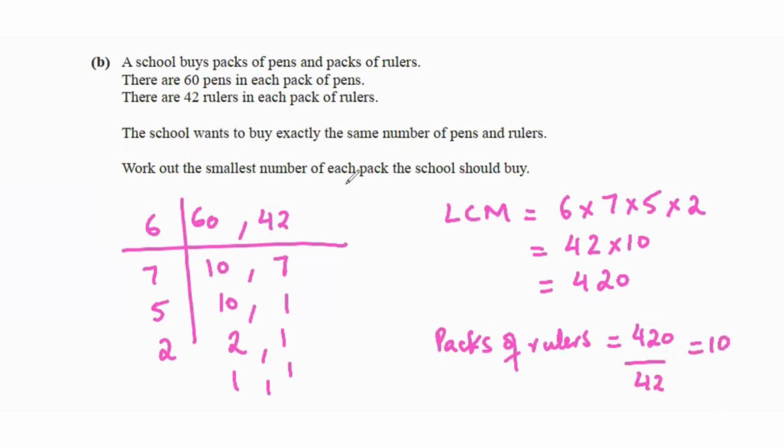So that is the smallest number of packs of rulers we can buy. And for packs of pens, we do 420 divided by 60. That is going to equal 7. So the smallest number of packs of pens we can buy is 7 packs. That is your answer.